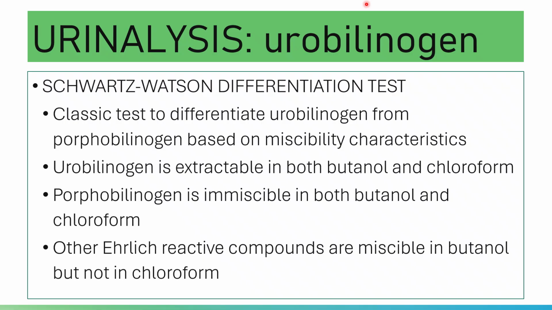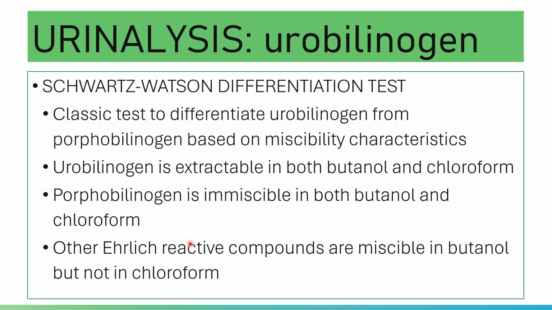Your Watson-Schwartz test is actually more sensitive than your Hoesch test for porphobilinogen, and may yield a positive result between attacks of acute intermittent porphyria.